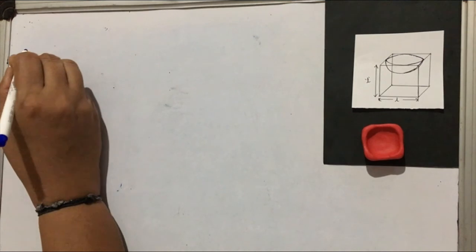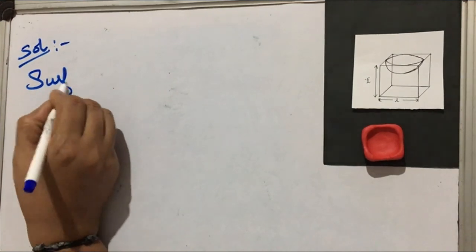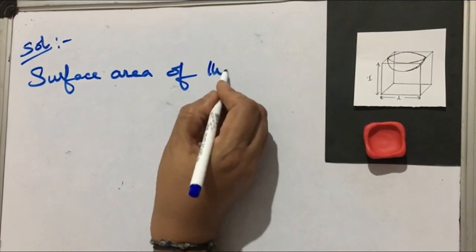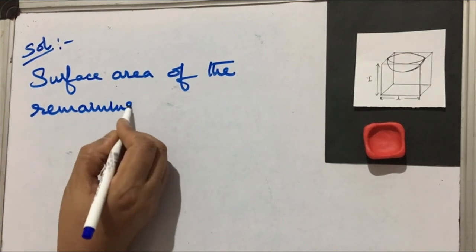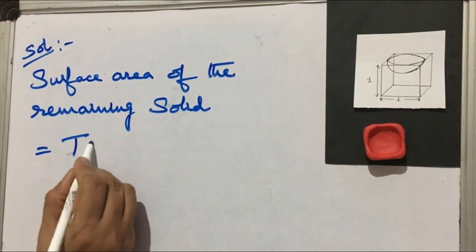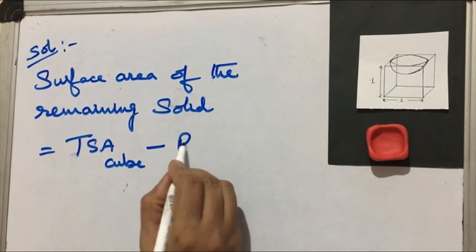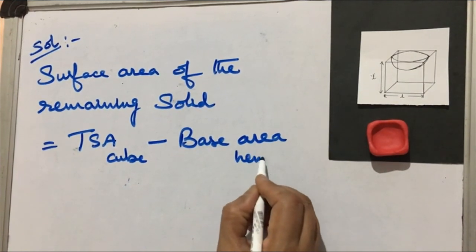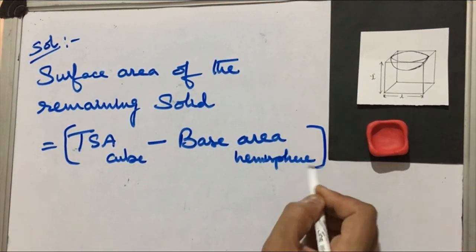Let us write the skeleton formula for this. Surface area of remaining solid is, from the TSA of the cube, subtract the base area of the hemisphere, to this, what can be added?